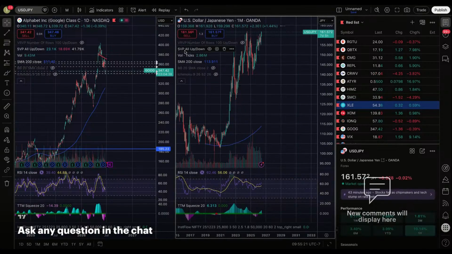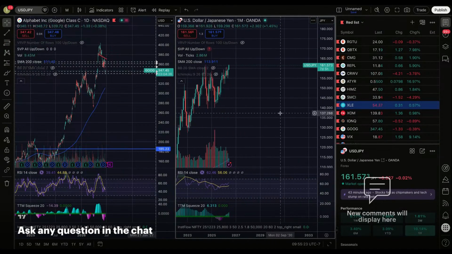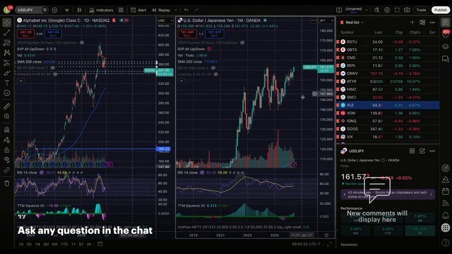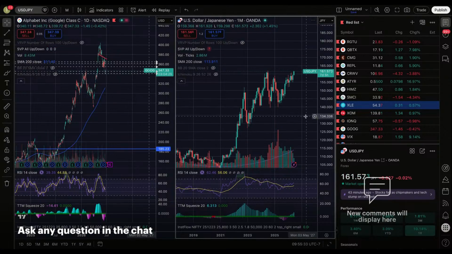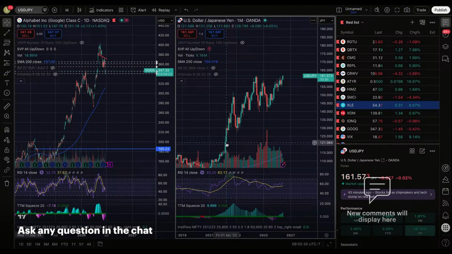Crucial stuff is going on in similar markets, USD won. Why am I showing you this? It's actually very important. If this breaks and we crush the all-time highs, Japan is struggling with their economy as well. Their yield on the bonds is going up and their currency is weakening as well.